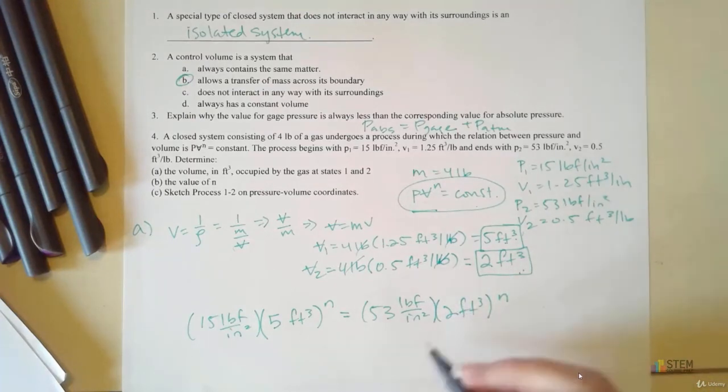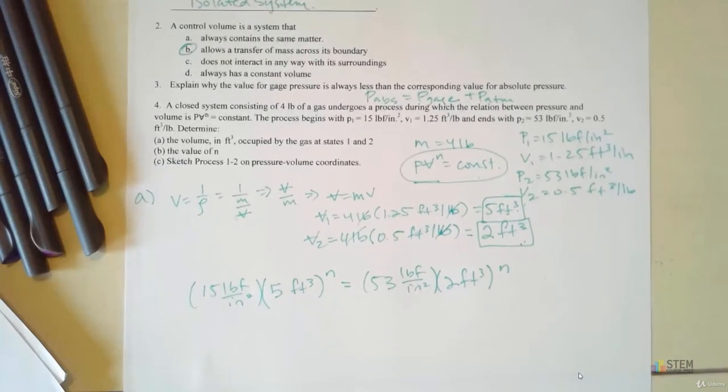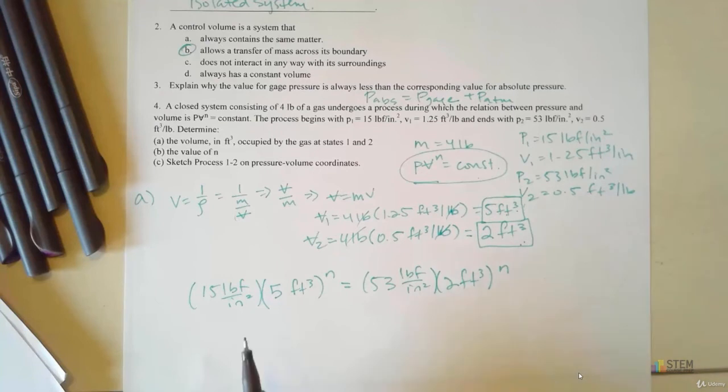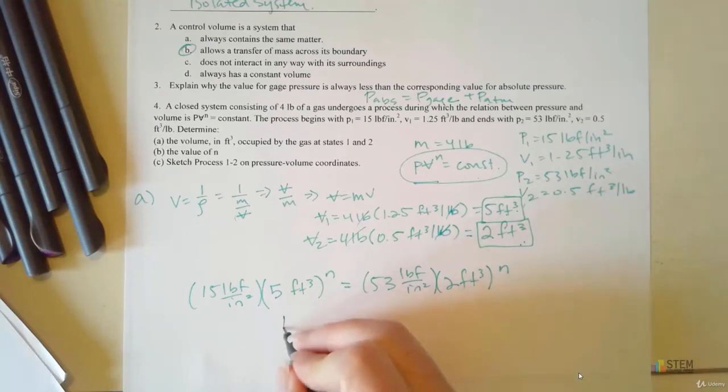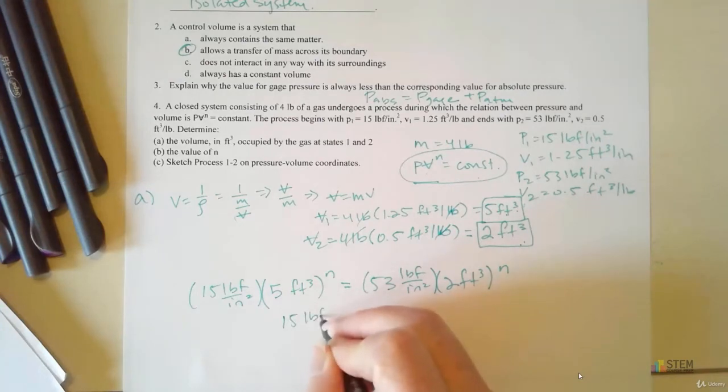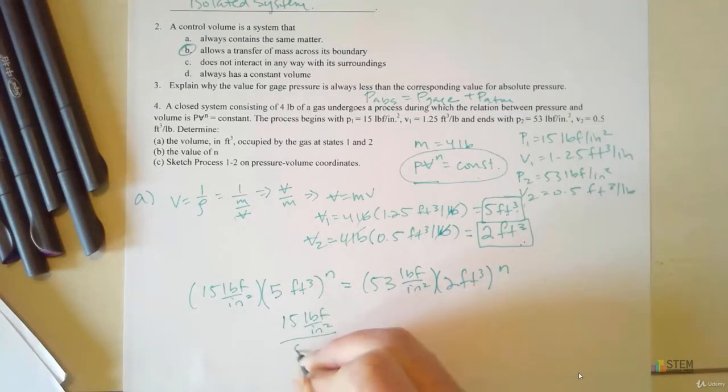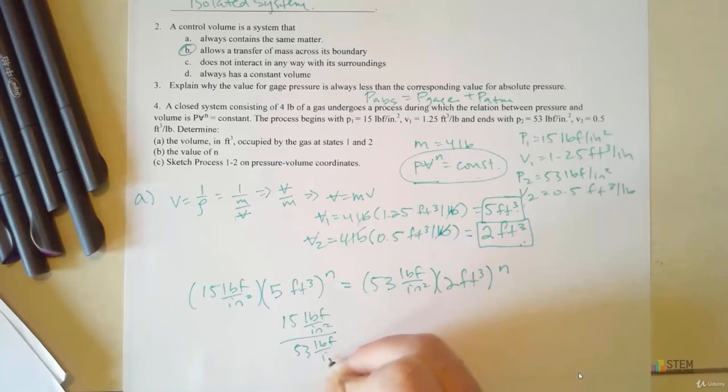So let's reorganize this, and you'll see that we don't have to worry about the units because they're all going to go away anyways. If we reorganize this, let's put the pressures on one side. We'll put the volumes on the right side. So we'll end up with 15 psi over 53 psi.